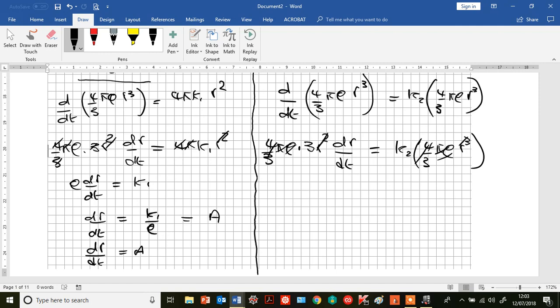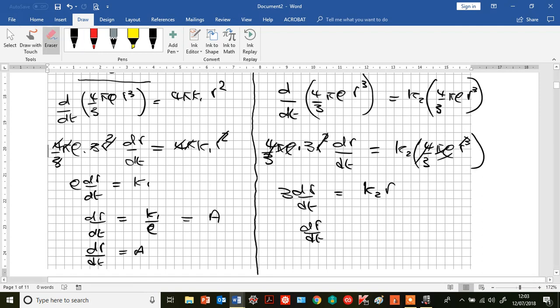So we're left with 3 dr by dt equal to k2 r, and I'm going to rearrange this to give dr by dt.